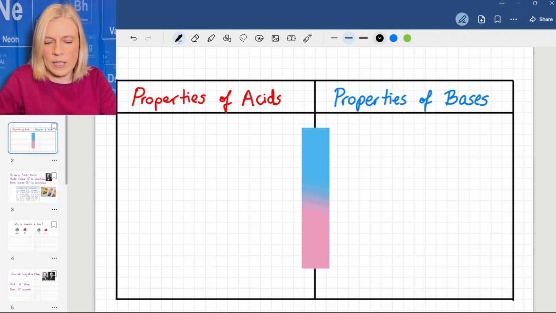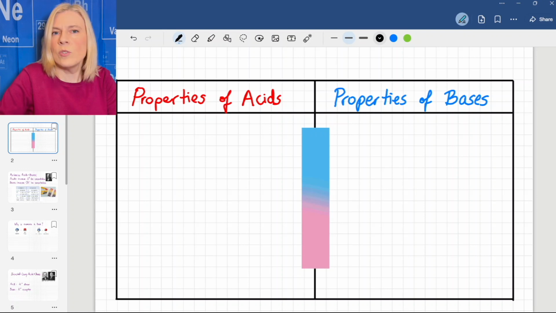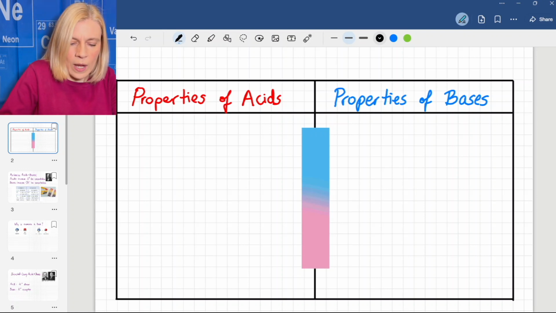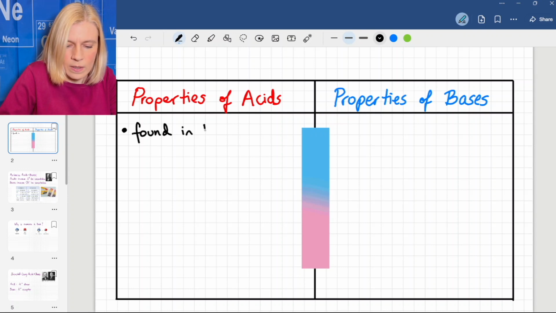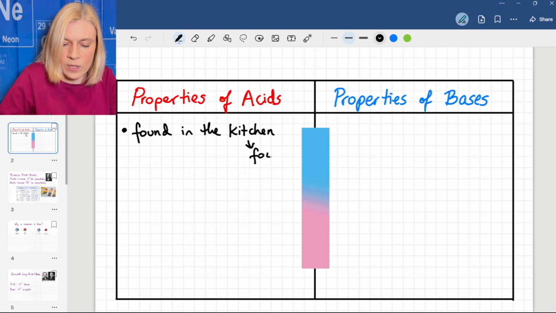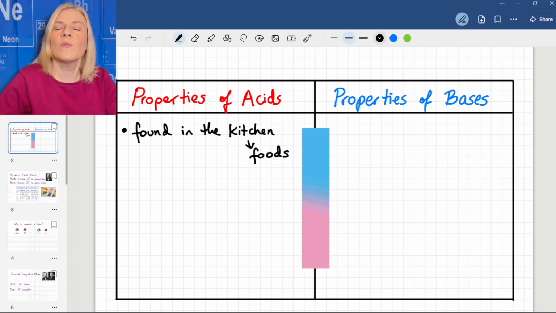What are some properties of acids and what are some properties of bases? So where would we find acids? Acids are found in the kitchen. Where in the kitchen? I'm going to say acids are foods, right? The three things we saw pictures. We could eat them.